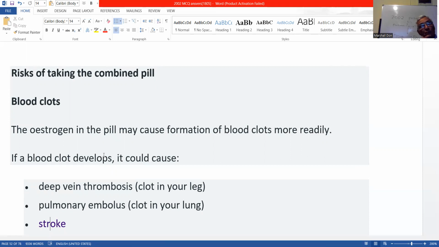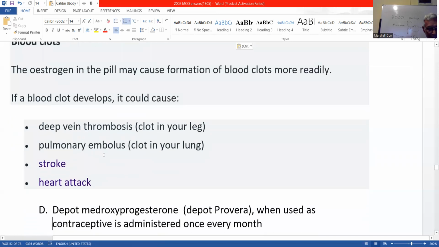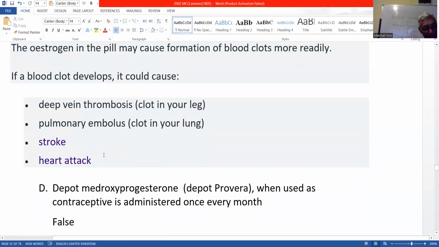The estrogen in the pill may cause blood clots to form more easily. That is, it causes deep vein thrombosis, that is clots in the leg, pulmonary embolism, that is again a clot in the lungs, stroke, and heart attack.